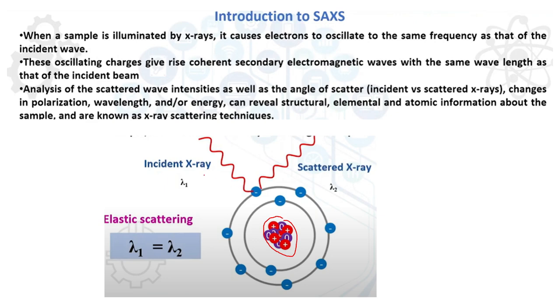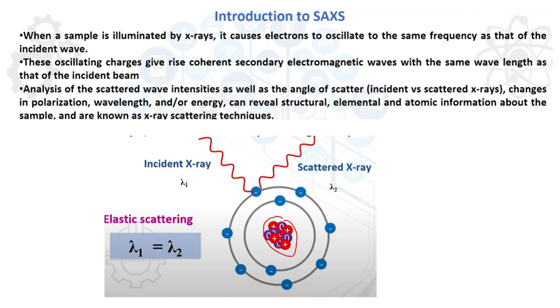Now if there is elastic scattering, there will be different phenomena. If it is inelastic, there may be different physical phenomena. Another most important thing is that it may also cause oscillation of other electrons at the same frequency.